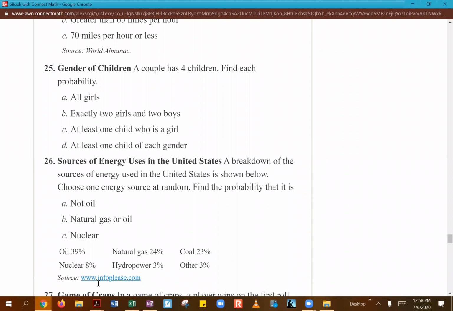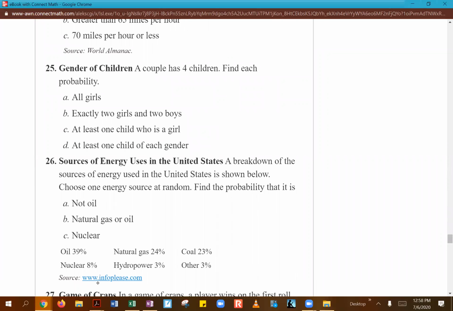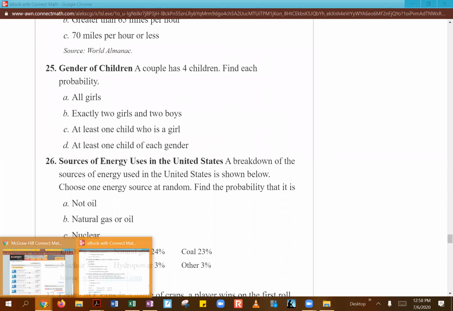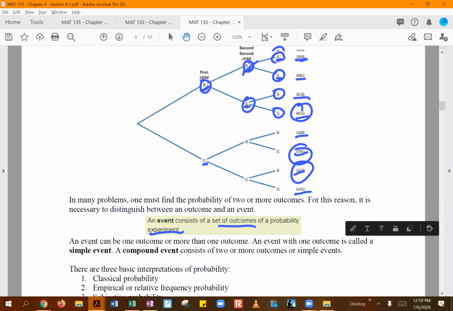This is very similar to the example we just looked at. A couple has 4 children, and they're asking us to find these probabilities. To start solving an example like this, you first need to figure out the different possible outcomes for this couple who will end up having 4 children. That would just be an extension of the graph we just looked at.